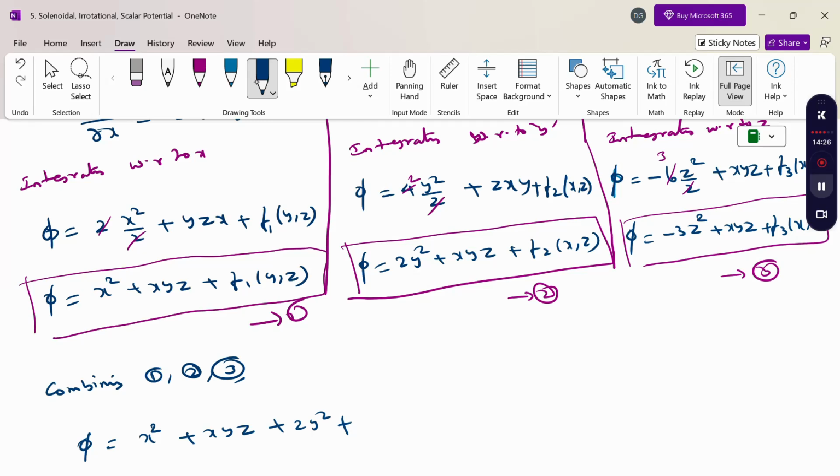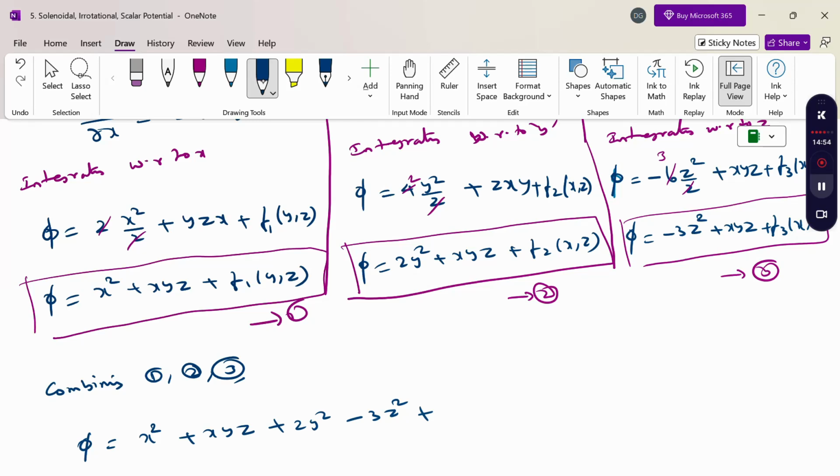If xyz is repeated a second time, don't add 2 into xyz, just write xyz one time. Then next minus 3z square, again xyz repeated, ignore this, plus f1 of y comma z, f2 of x comma z, f3 of x comma y.